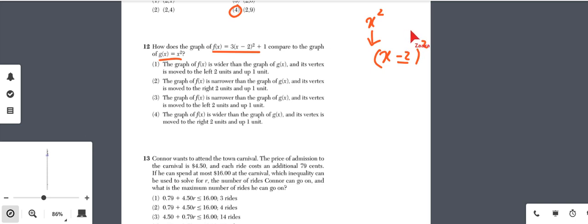When we are subtracting, that means we move 2 units right. By adding 1 to it, I move the curve of x squared 1 unit up.